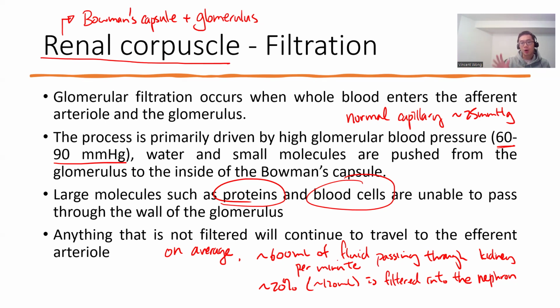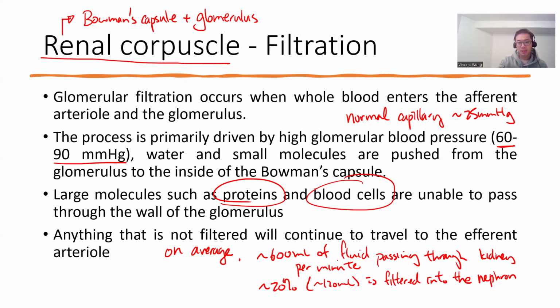But fortunately, of the 120 milliliters of fluid that's being filtered out into the nephron, we actually take back most of it. Of the 120 milliliters, we only pee out 1 milliliter of urine.